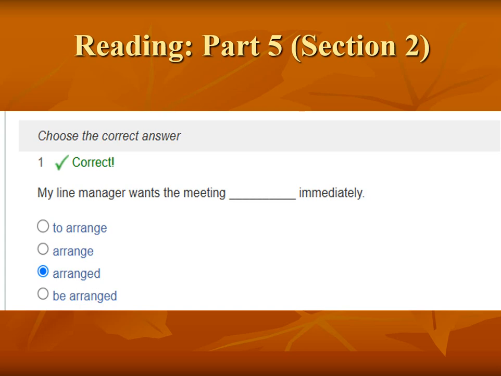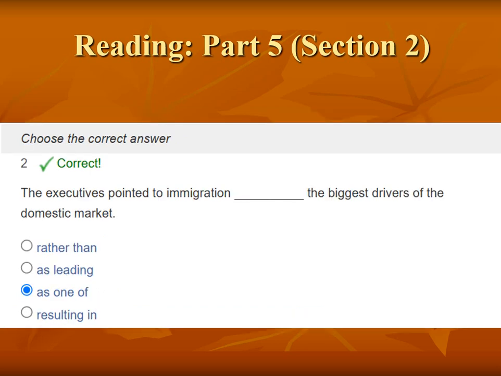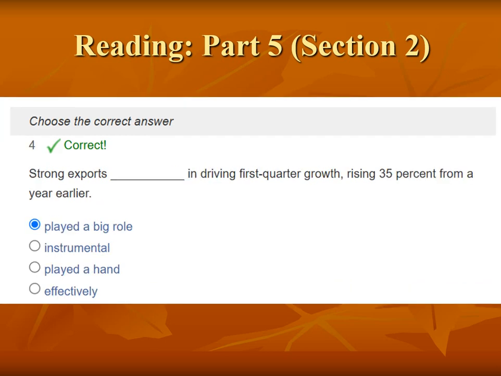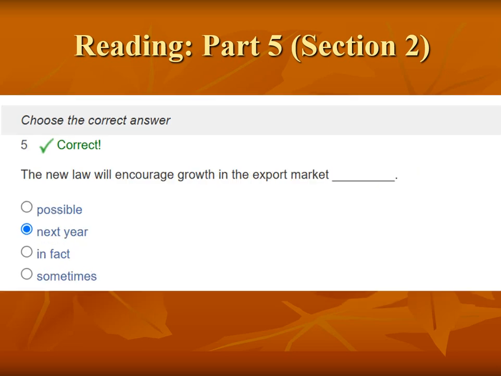My line manager wants the machine arranged immediately. The executives pointed to immigration as one of the biggest drivers of the domestic market. While the stock was being checked, the staff worked in the evenings. Strong export played a big role in driving first quarter growth, rising 35% from a year earlier.